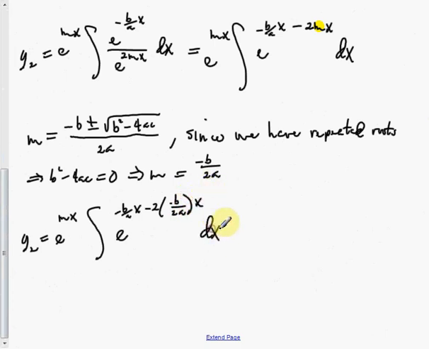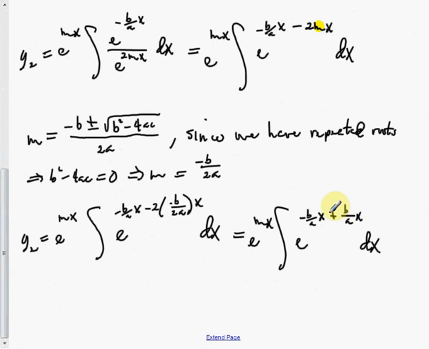And this is all dx. So we simplify. This is e to the mx times the integral of e to the negative b over a x. Negative negative is positive. 2 divided by 2 cancels out. This is plus b over a x dx.